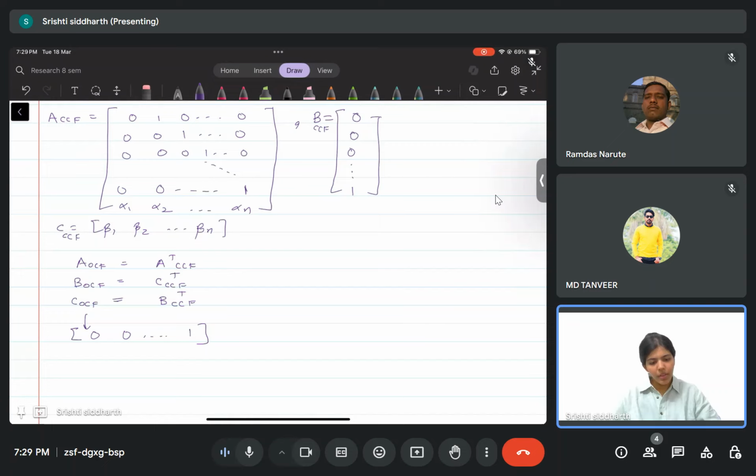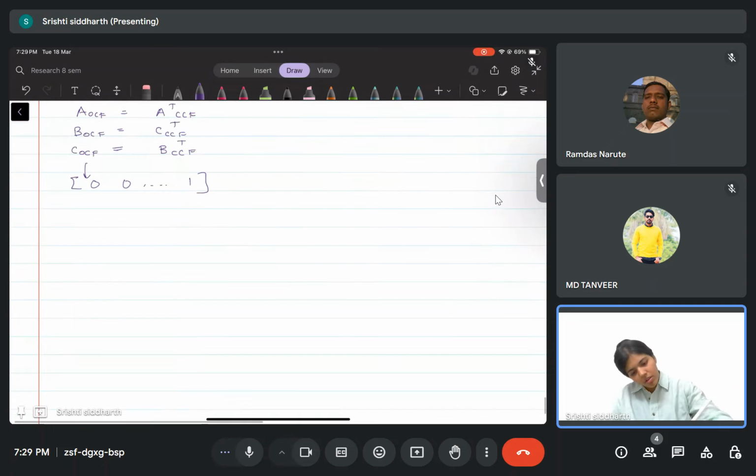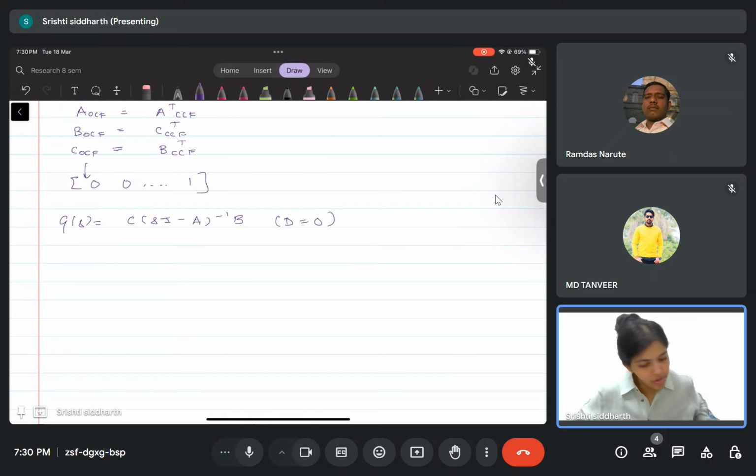Okay, so for our case, we need the transfer function first. So G(s) is simply C (sI minus A) inverse times B. We have D equals 0. Alright, so sI minus A is going to be [s minus 2, s minus 1; minus 1, s plus 1].